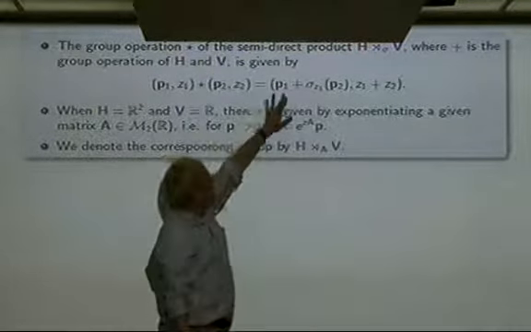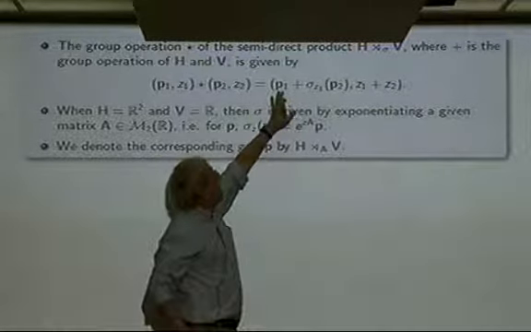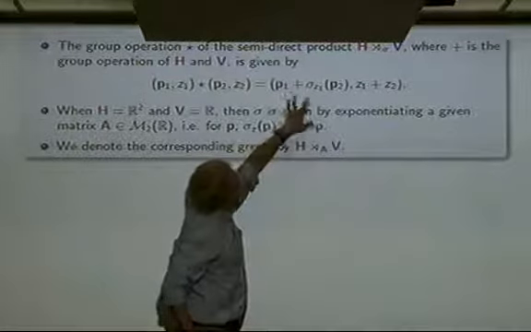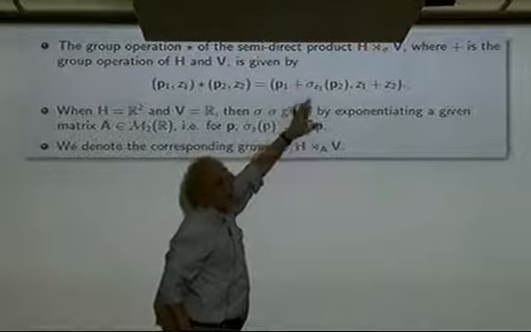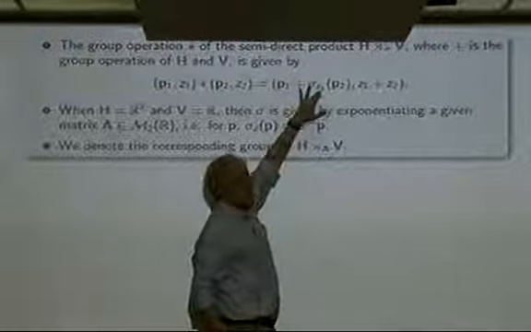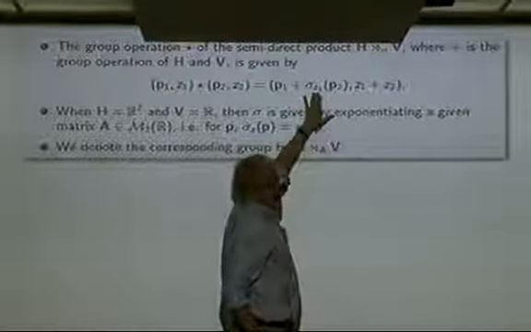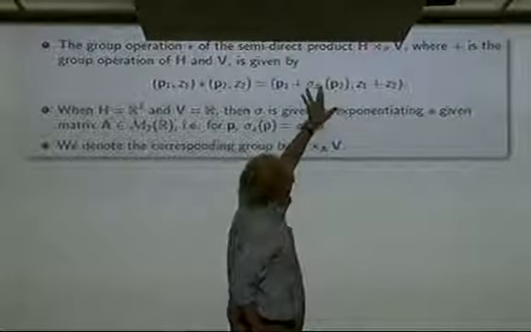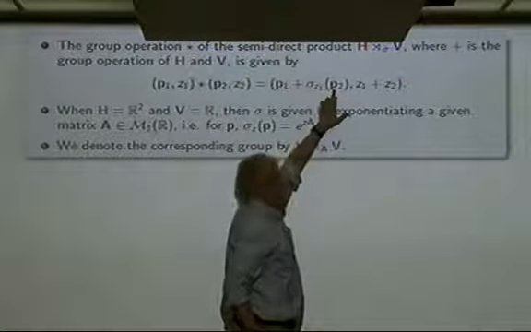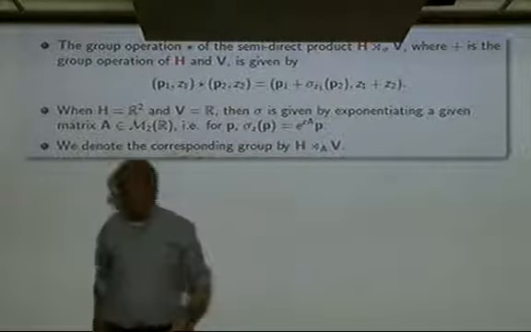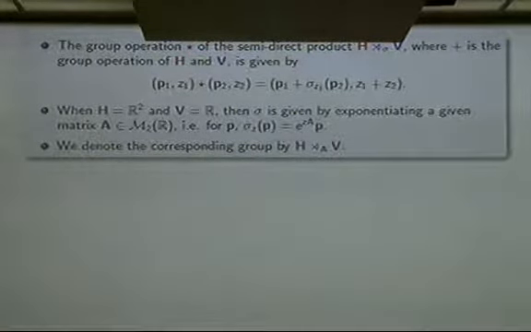But the first one has this interesting interaction with the second group. The first coordinate is the first coordinate, and then you take this homomorphism, you apply it to P1, and then that's an element of the general linear group, and then you apply it to P2. So that's the way you do group operation on a semi-direct product.